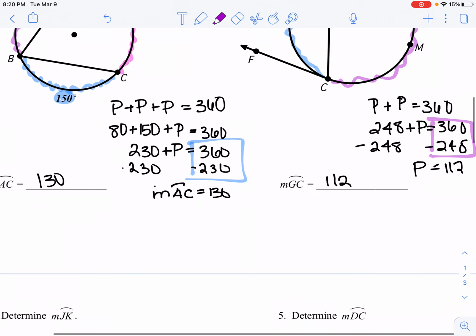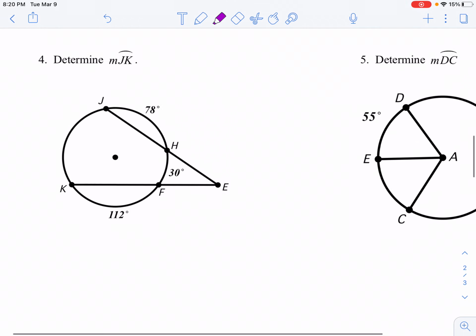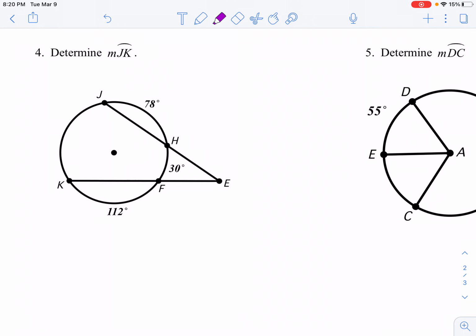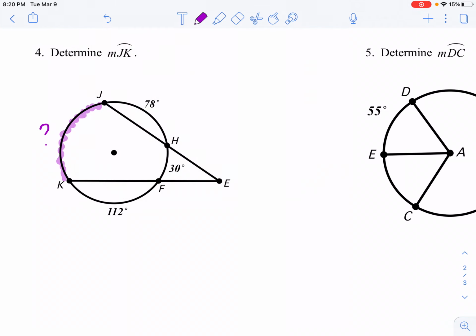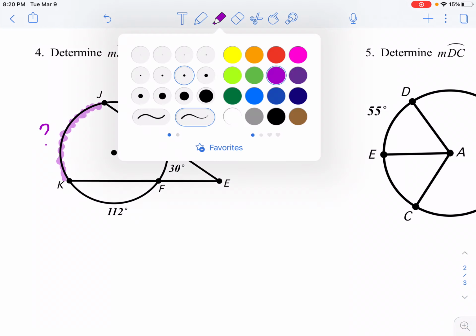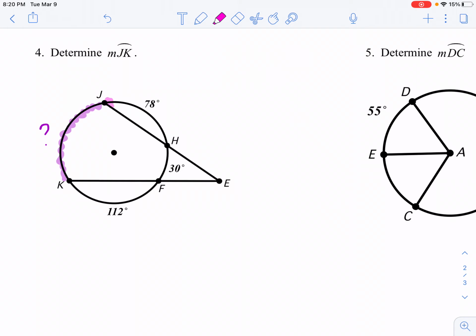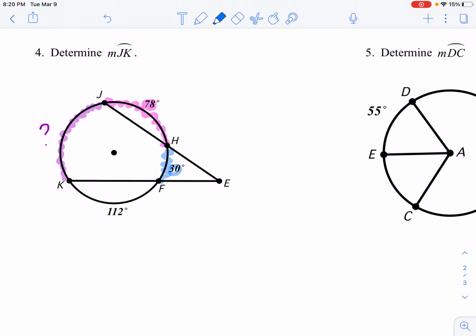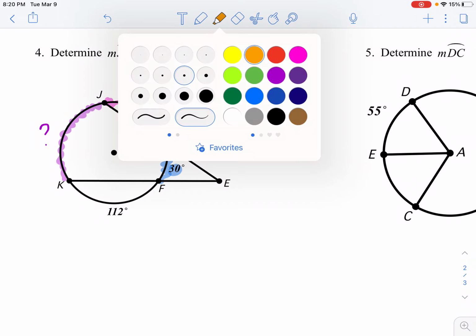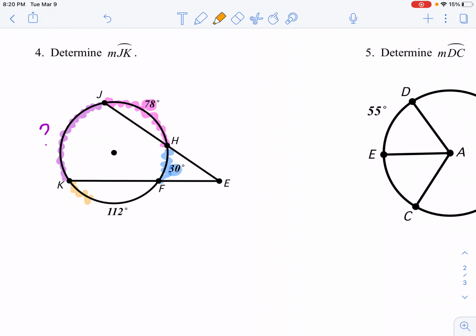All right, and on we go now to example number 4. When we look at example number 4, I want to find the measure of arc JK. So JK is right here. Now look at this one. Be careful with this one. I have the measure of arc JH. I have the measure of arc HF. And I have the measure of arc KF.